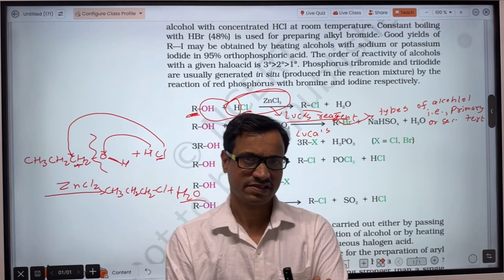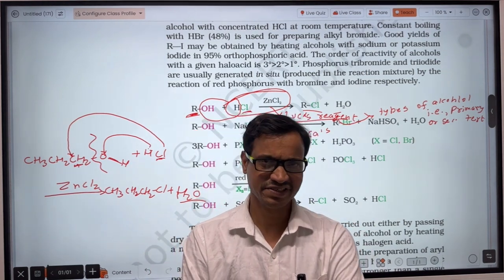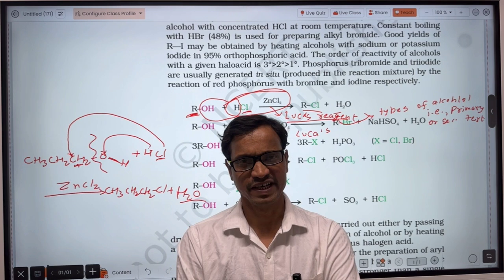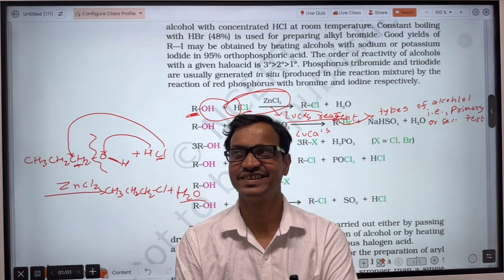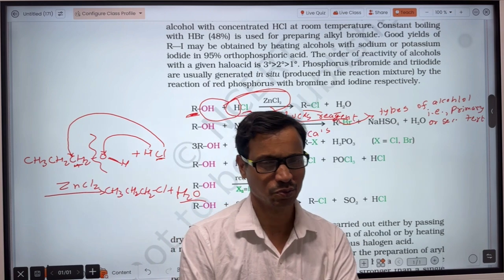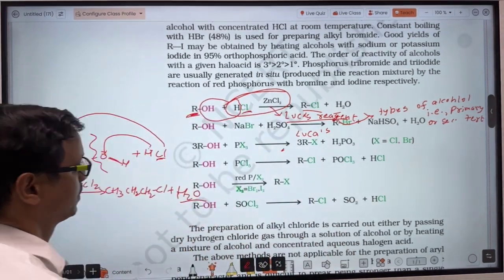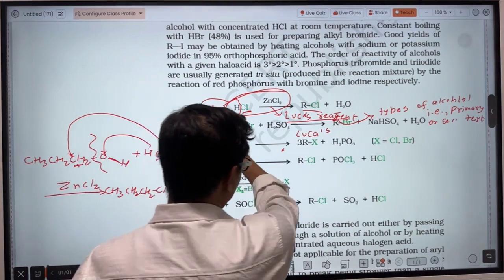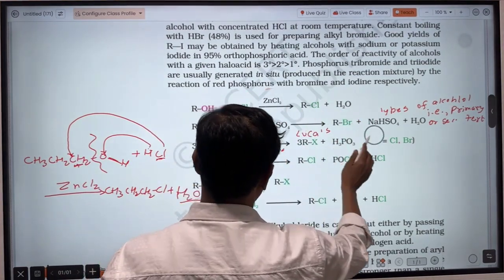In the same way, secondary alcohol means OH will be bonded to the secondary carbon atom. And same as tertiary alcohol means OH will be bonded to the tertiary carbon atom. Okay, the mixture of conc HCl and ZnCl2 is called Lucas reagent.